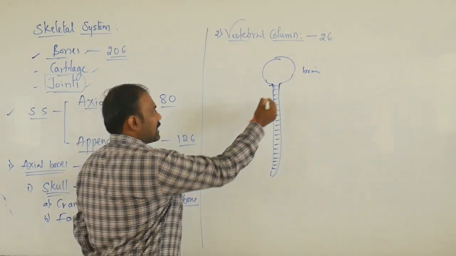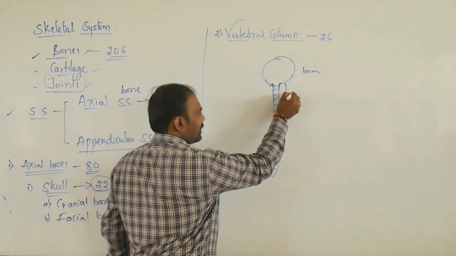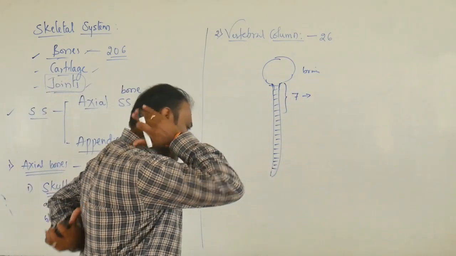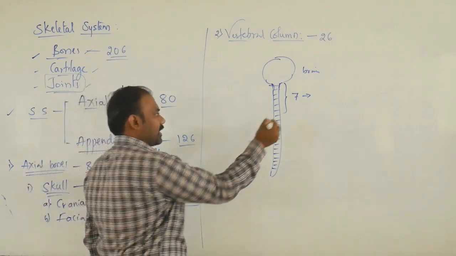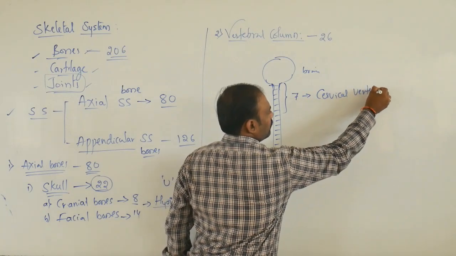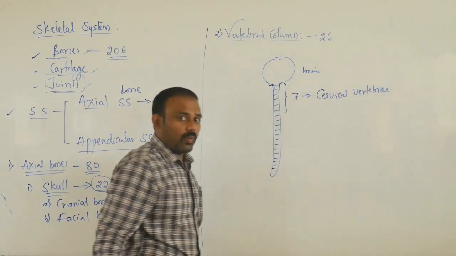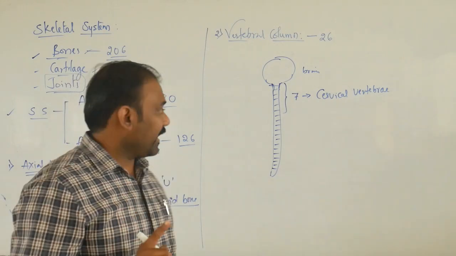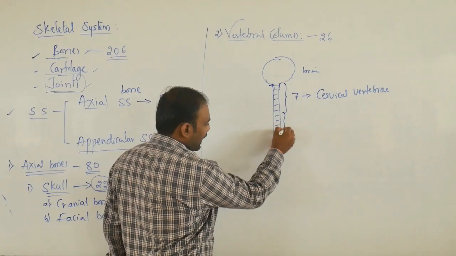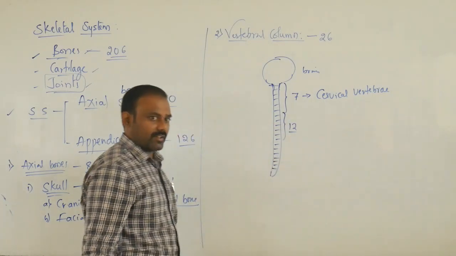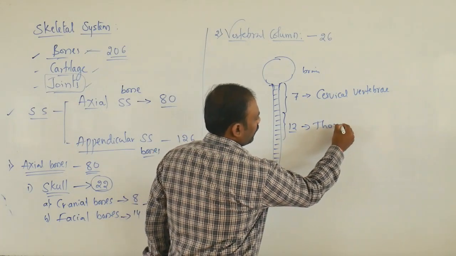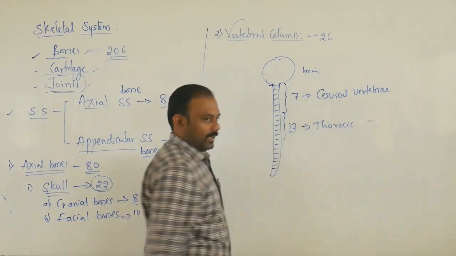In that, starting 7 discs, remember, from here to here, the starting 7 are called cervical vertebrae, and after 7, the next 12 are considered as thoracic vertebrae.